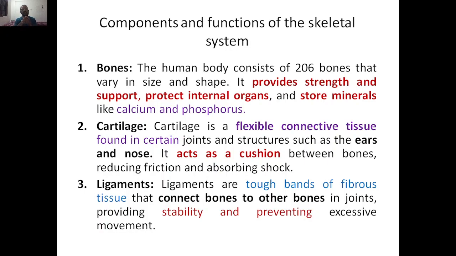If you are walking, only in a certain direction should this particular movement happen. If it goes like this, you cannot walk properly, right? Imagine your leg folding in front like this. That won't be proper for normal walking of a human being, right? So that function is retained by the ligaments.